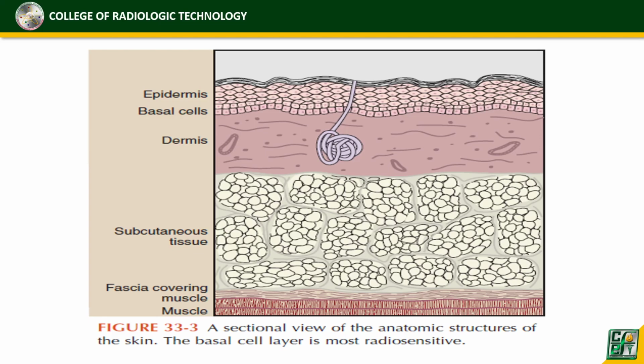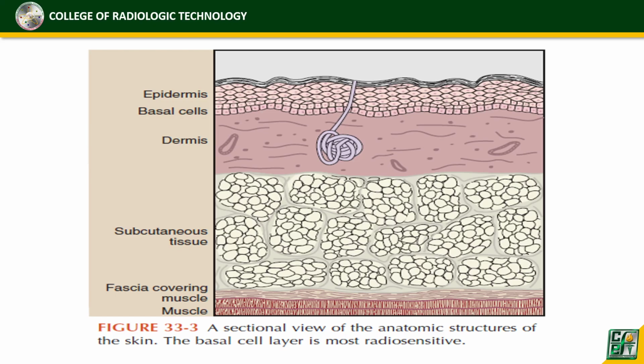So yan. As you can see, basal cell, nasa pagitan siya ng epidermis at dermis. Or basically, the basal cells are the last layer of epidermis. As the cells mature, mag-move up lang siya. And then, a new line of basal cells will grow dun sa kung saan sila nandun.